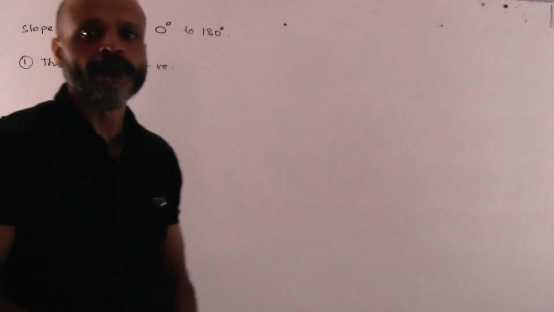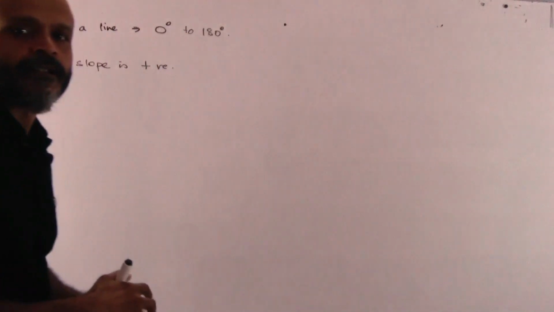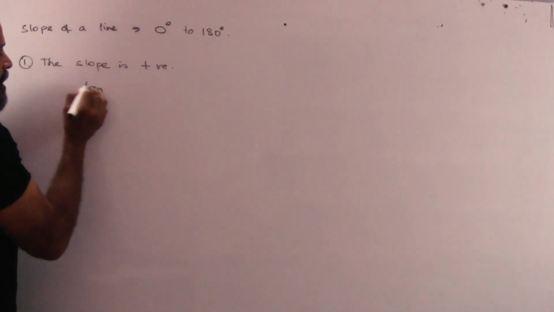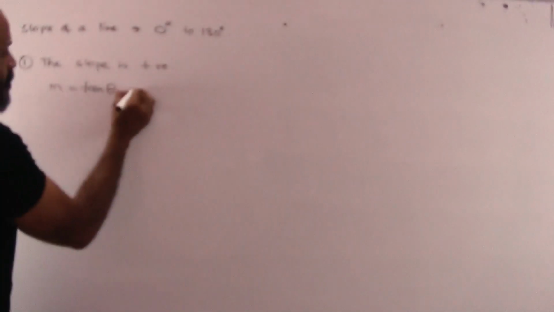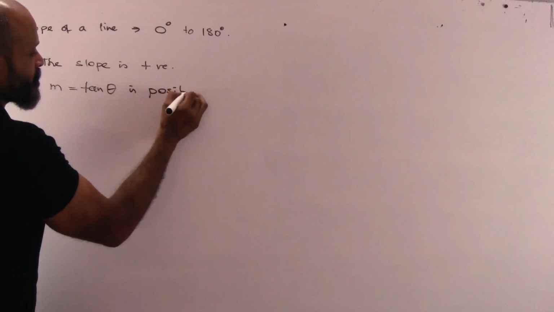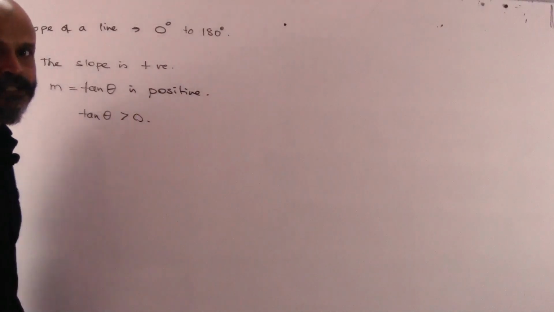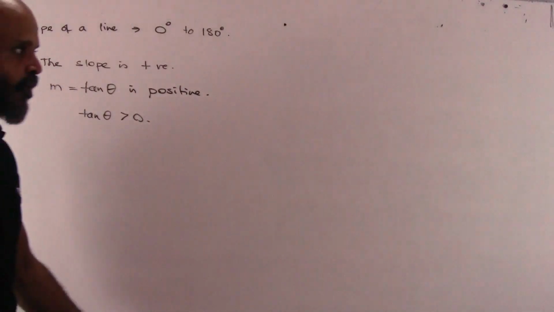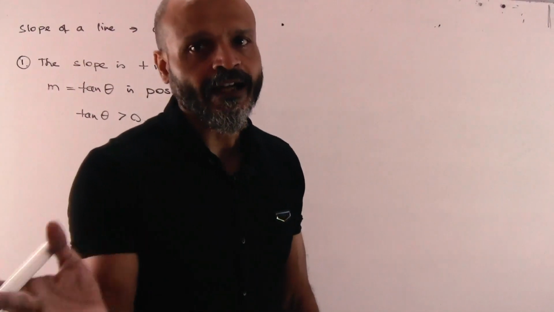If the slope is positive, what does it mean? Then m is equal to tan theta is positive, which means that tan theta is greater than 0. For what values of theta between 0 and 180 do we have positive values?